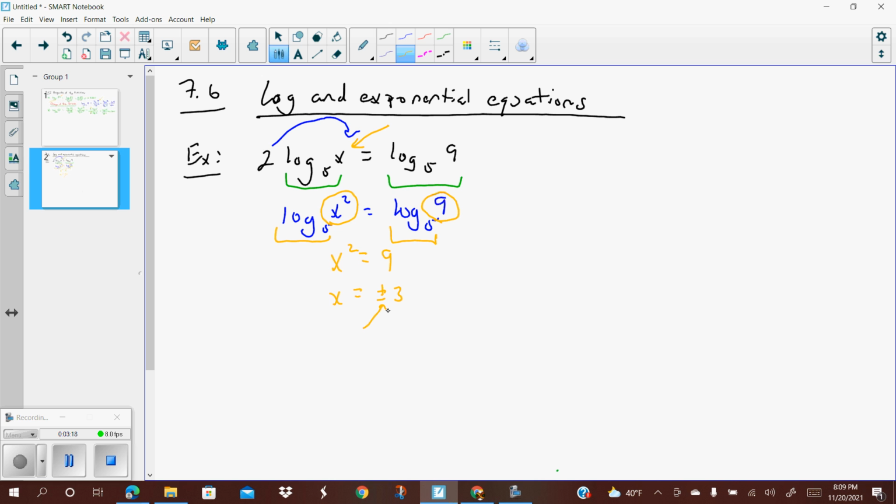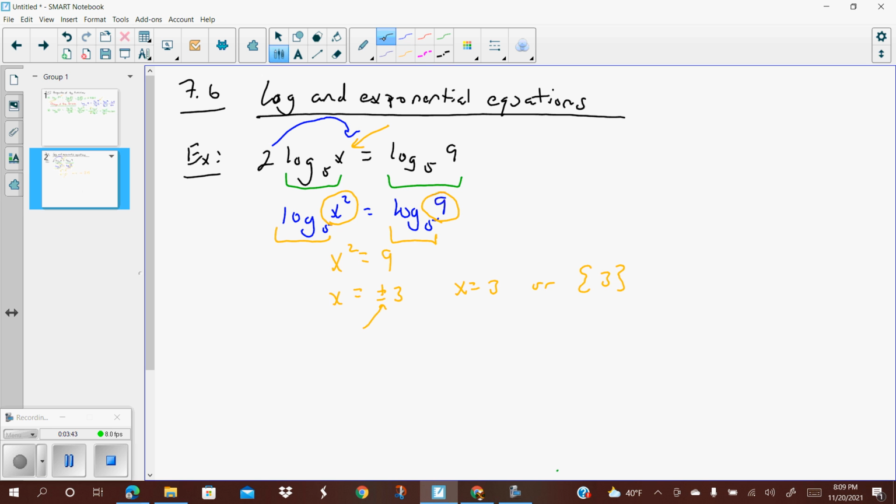That is not going to work. It's not defined. So my actual solution is x equals 3, or in proper bracket notation, it's just the value 3. And that's it. So if you can get it to the point where you just simply have one log equals another log, then you can make this work, as long as the bases are the same.